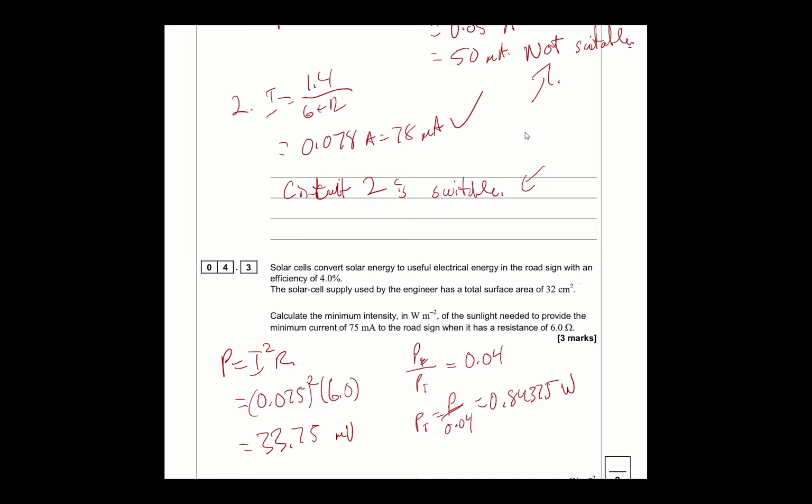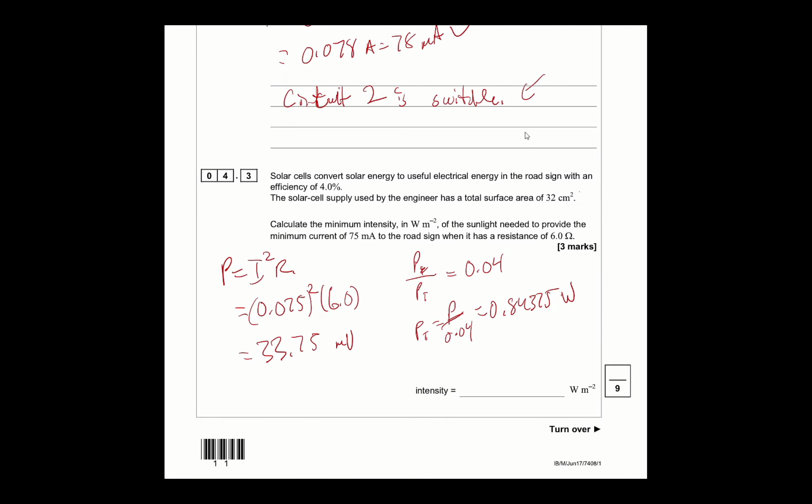And the area it's hitting is 32 square centimeters, but to go from centimeters squared to meters squared, I have to divide by 10,000. Yeah, 100 squared. So the intensity should be 0.84375 divided by 32 times 10 to the minus 5.